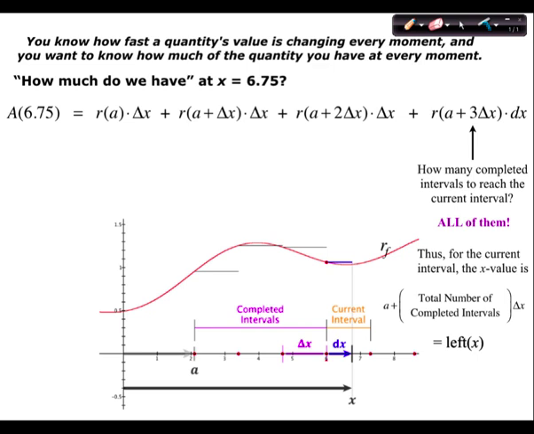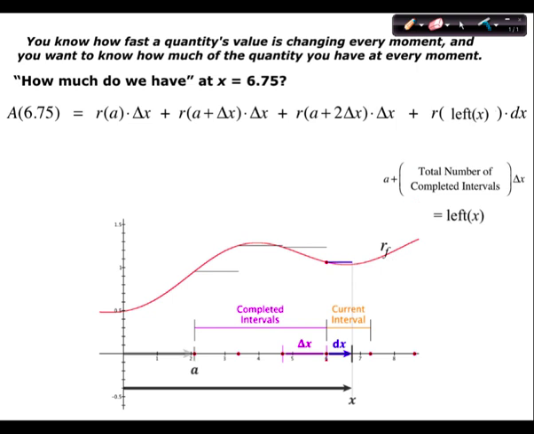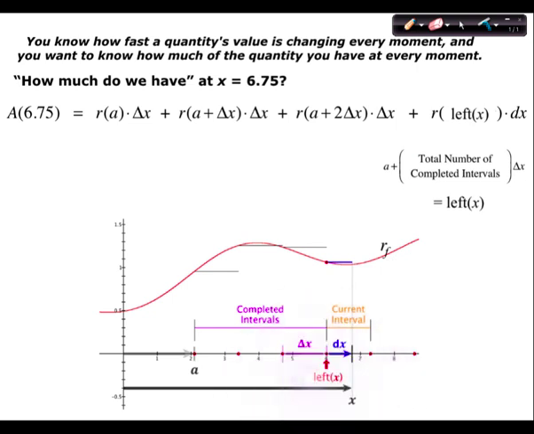And we said this is the function left x. To find left x, we needed to figure out the formula for the total number of completed intervals. So left x is this strange function that takes an x but gives you back another x. It gives you back the x value at the beginning of the current interval.